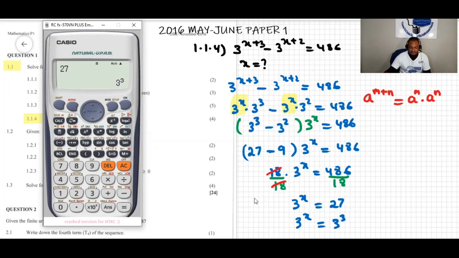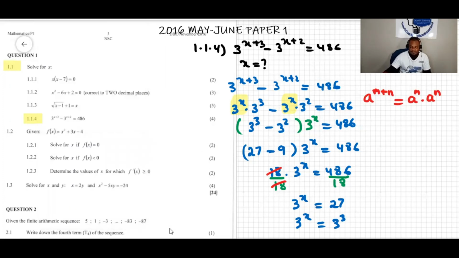Now, the reason why I'm writing this is because there's a property that says when you have a to the m equal to a to the n, this implies that m equals n. In this situation, we just drop the bases and then we equate the exponents. So this means x is equal to 3. It's the solution.